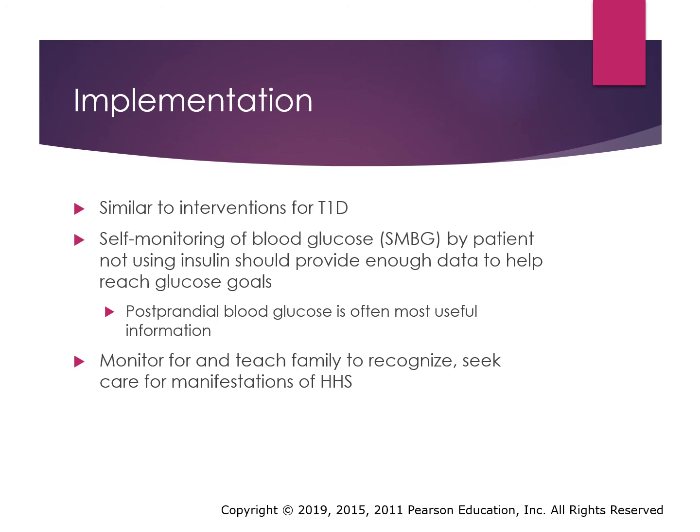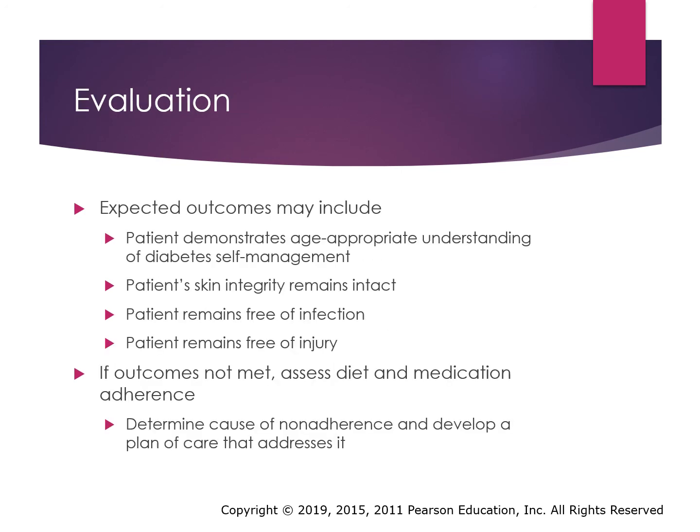Again, hyperosmolar hyperglycemic state, or your HHS, is life-threatening, and it said it's worse than DKA. And then the expected outcome: patient demonstrates age-appropriate understanding of diabetes self-management. Patient skin integrity remains intact. They remain free of infection, remain free of injury. If the outcome's not met, then we reassess the diet and medication adherence and try to reassess their ability to lose weight.